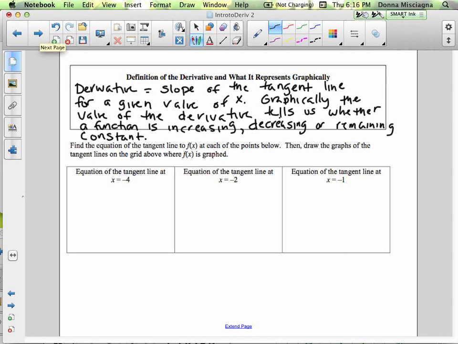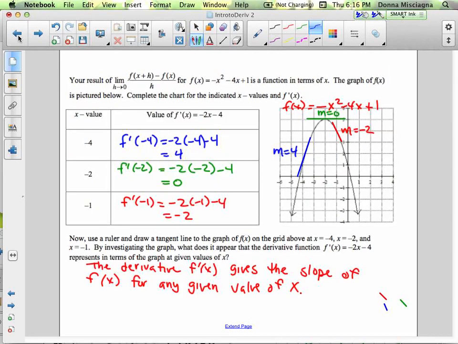All right, so we want to find the equation of the tangent line to f of x at each of the points below. We already have the tangent lines graphed. We just need the equations. So you need two things to write the equation of a line. You need slope, and you need a point. We've got the slope, right? We found the slope when we plugged into the derivative. So at -4, the slope is 4.